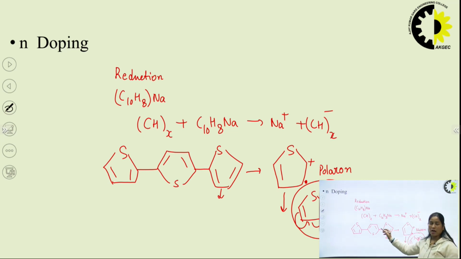Due to this kind of polarization, a negative charge is there, because in CH a negative charge is there. So due to this negative charge, another negative charge, this is known as bipolaron. So what will happen is that when CHx reacts with sodium naphthalide, it will form Na plus and give CHx minus.